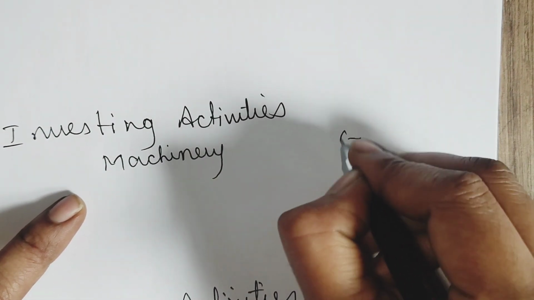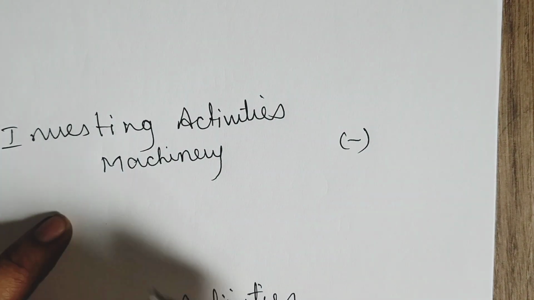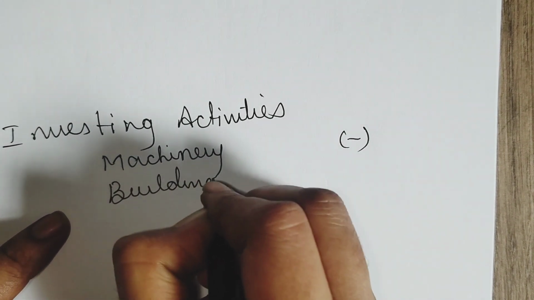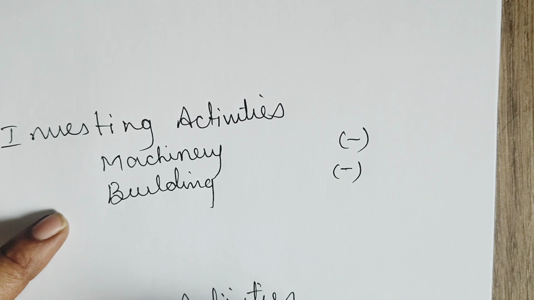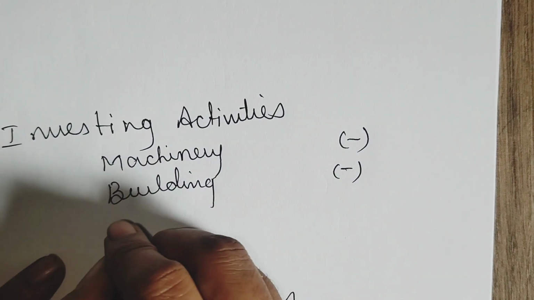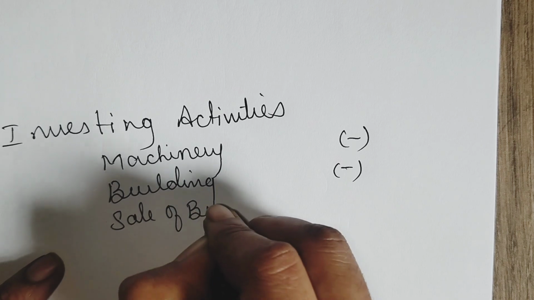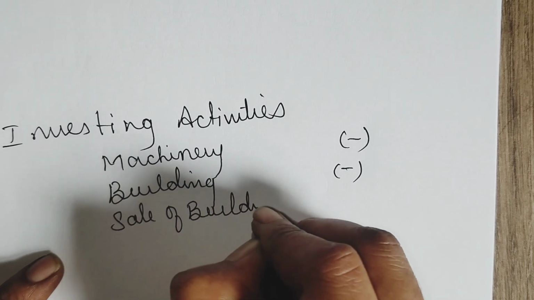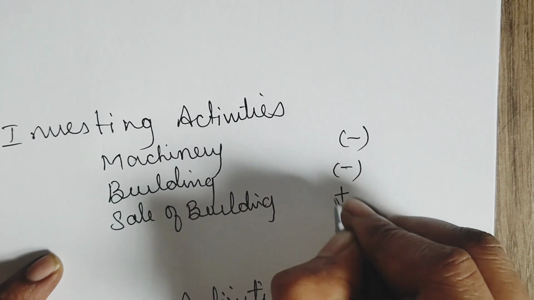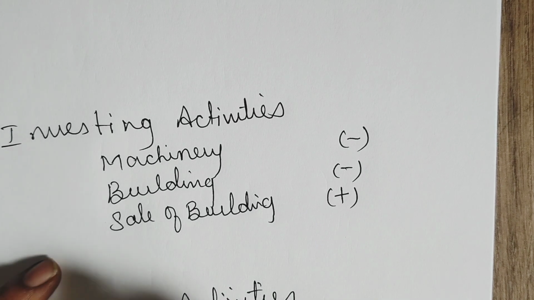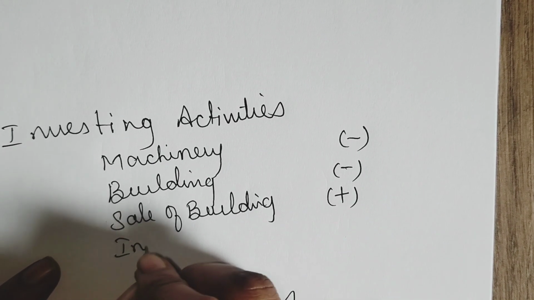It is going out, so minus. Building purchase, minus. You sold a building. Sale of building. Cash is coming in or going out? It is coming in. All investment. You have made an investment in another company.